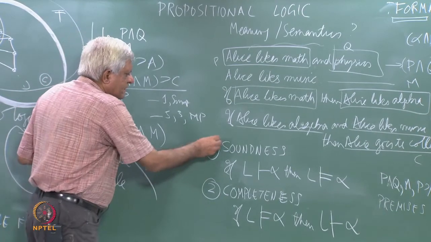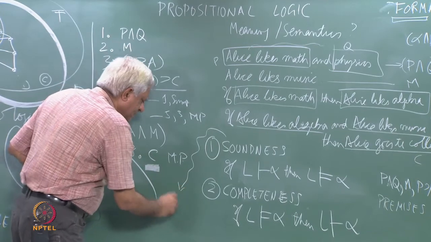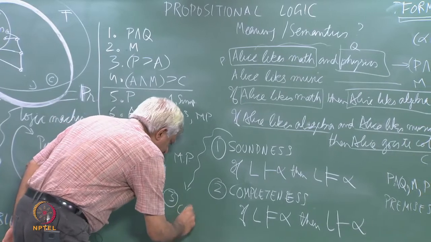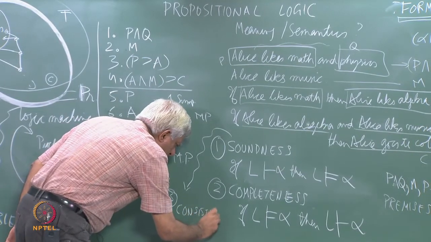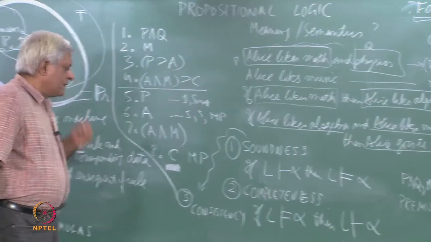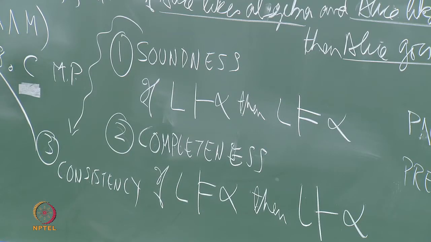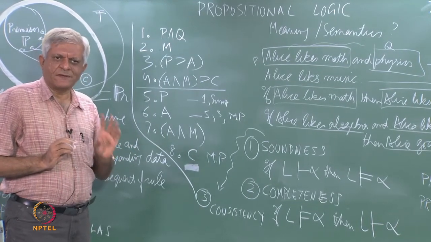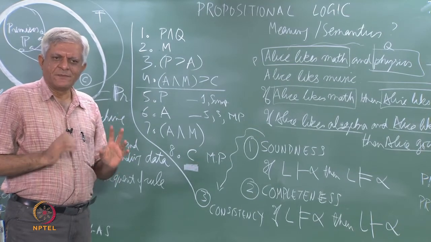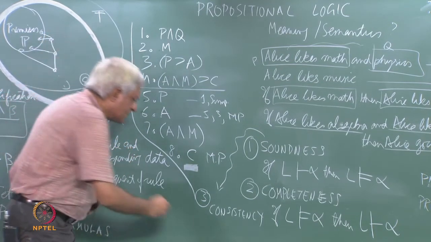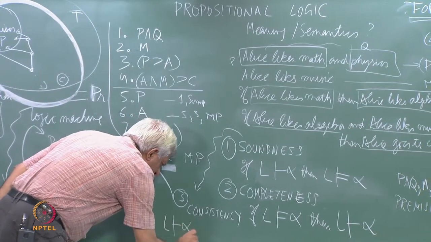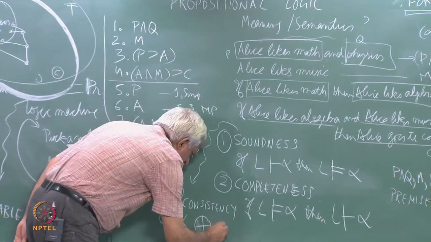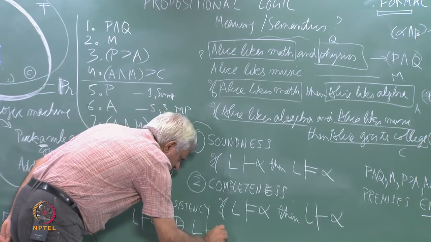Tied to soundness is a notion which is derived from soundness, but it is useful to talk about it. It is consistency. Consistency says that a logic is consistent if you can derive either alpha or negation of alpha, but never both. So, consistency says that L derives alpha exclusive or L derives negation of alpha.